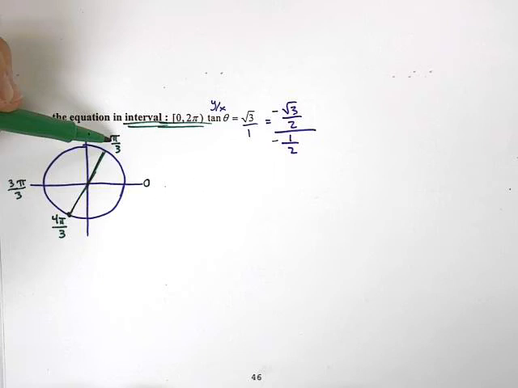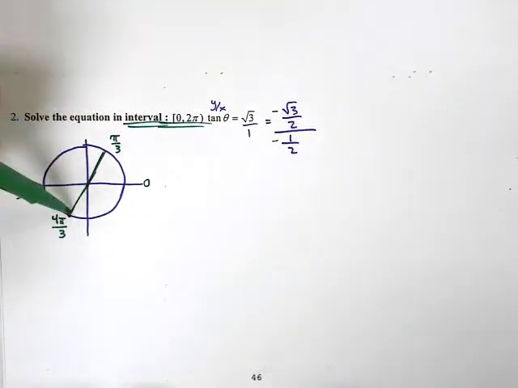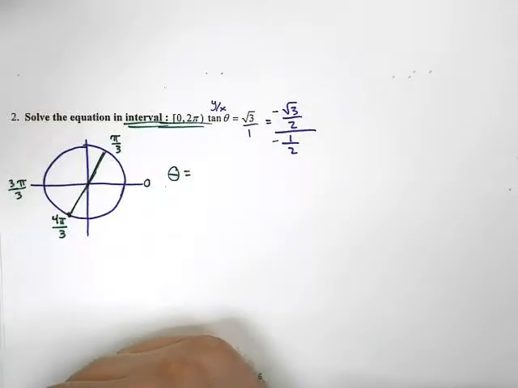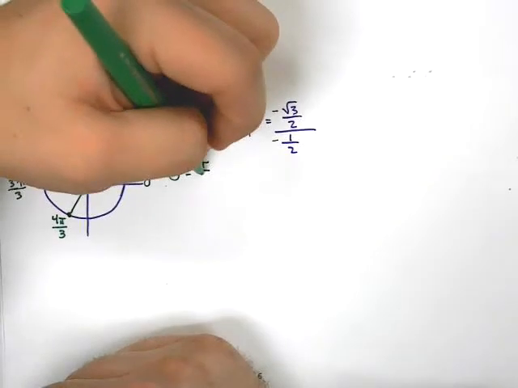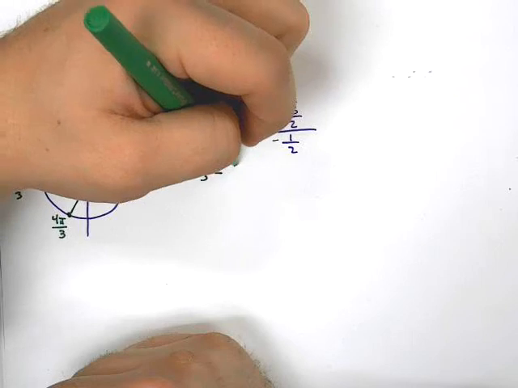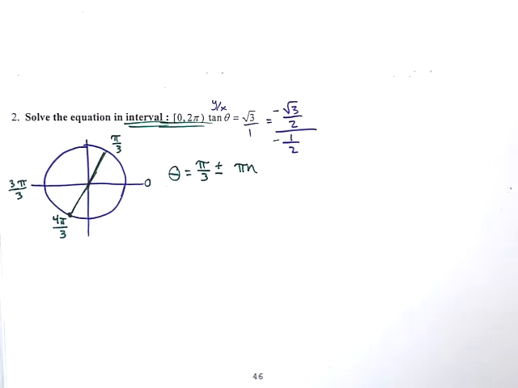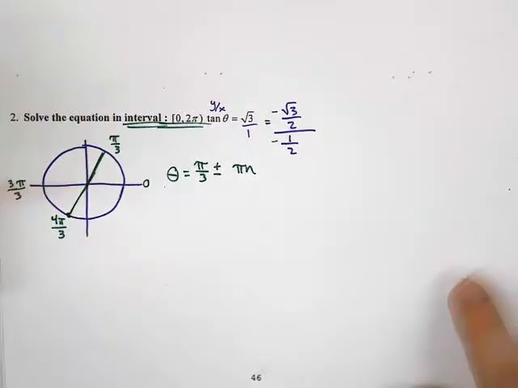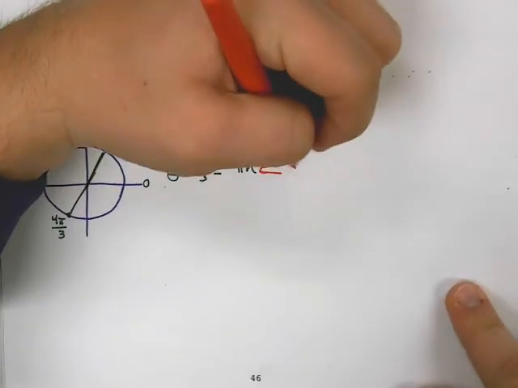And now we know that every time we go around, we're just adding half of a circle, 3 pi over 3, plus another 3 pi over 3, etc. So, in this case, I could say my first angle, pi over 3, plus or minus pi n. All right? Pi n.